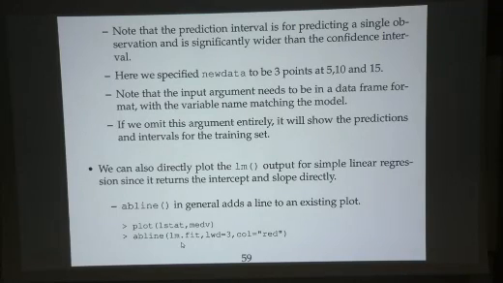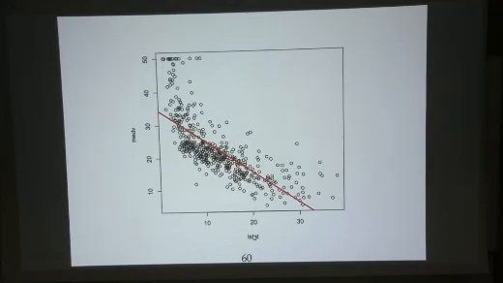So abline of lm.fit actually extracts beta naught hat and beta 1 hat, where beta naught hat is your intercept and beta 1 hat is your slope, and that enables you to draw a straight line through the curve, and you can adjust the line width, you can adjust the color, etc. You can play around with other things, and then you get how this least square line will look if you plot it.